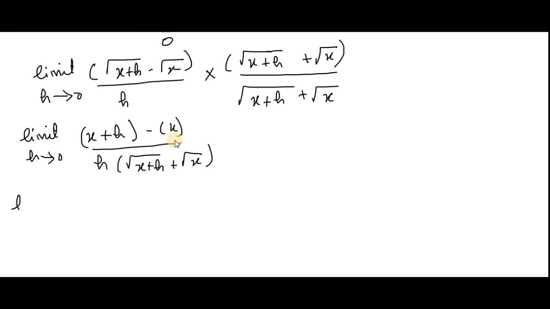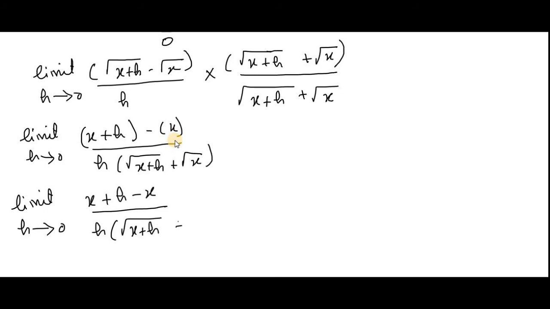So limit h approaches to 0, x plus h minus x over h into root of (x plus h) plus root x. Now this x can be cancelled. I am simplifying each step one by one.